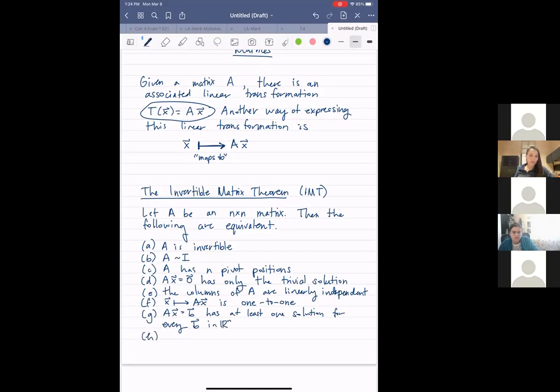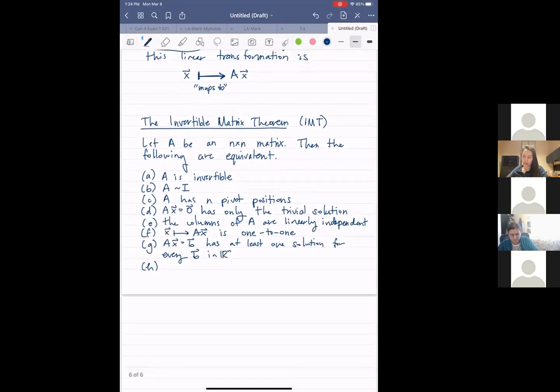Do you also say that Ax equals b has exactly one solution for every b in Rn? Yeah, that's also true. There are so many ways of saying each of these things, but I'm going to try to be consistent with the textbook, especially for the numbering. There are even more ways that we could express this as well.